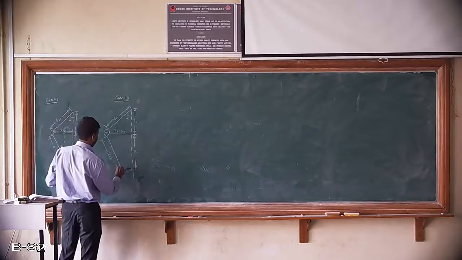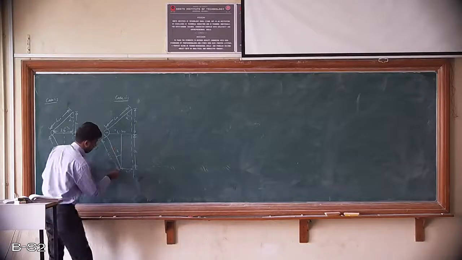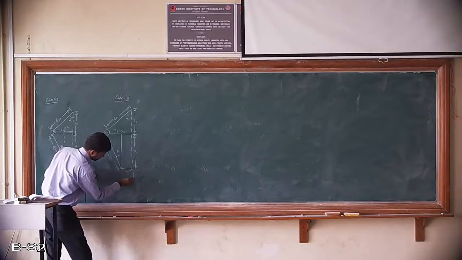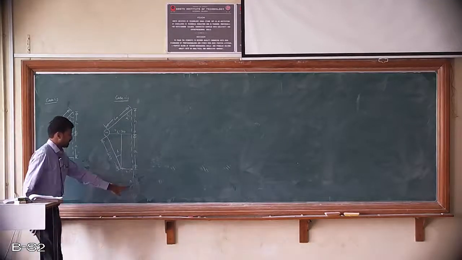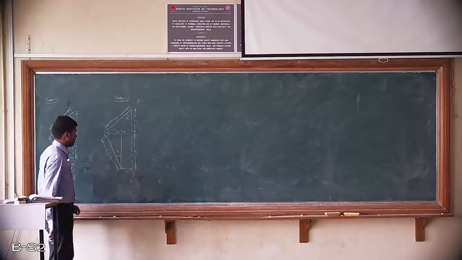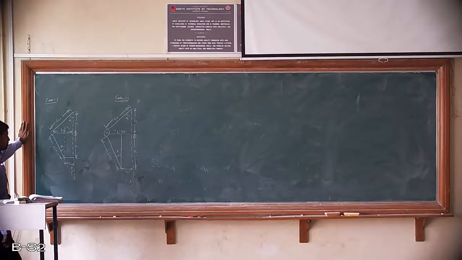So this angle I will call beta. If I extend this and attach it to the axis, then this angle also becomes beta. Is it clear? So this is the problem statement.